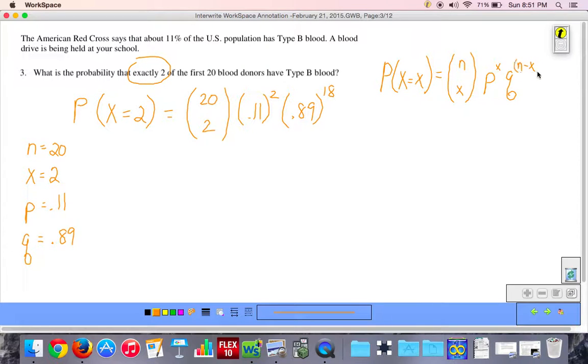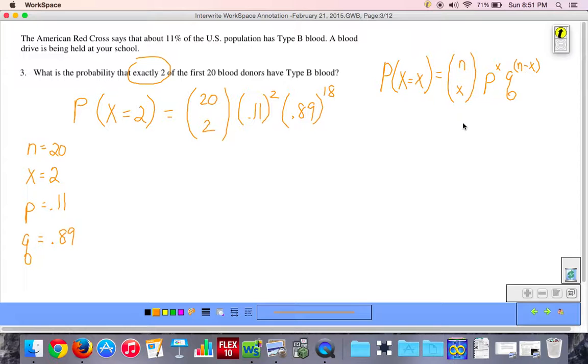And again, this formula can be found in your Chapter 17 notes. And if you're not sure, this is called a combination. And a combination is a math operation where order doesn't matter and there are no repeat values. And we would read this as n choose x.